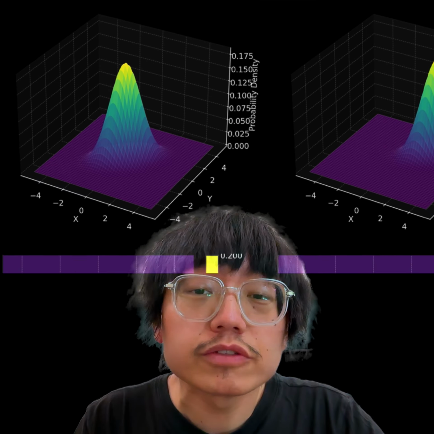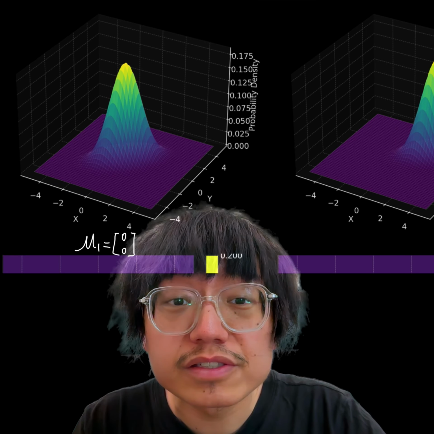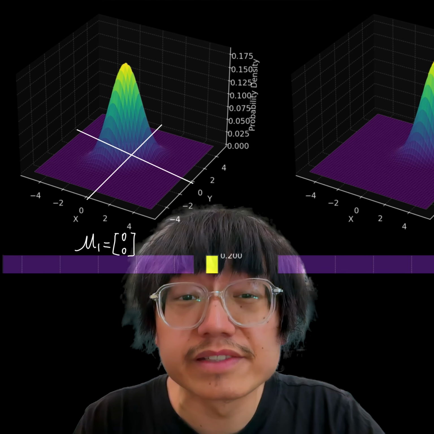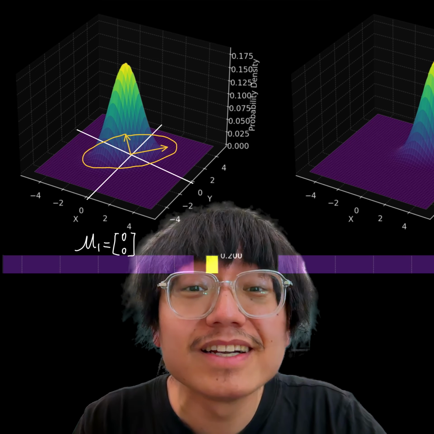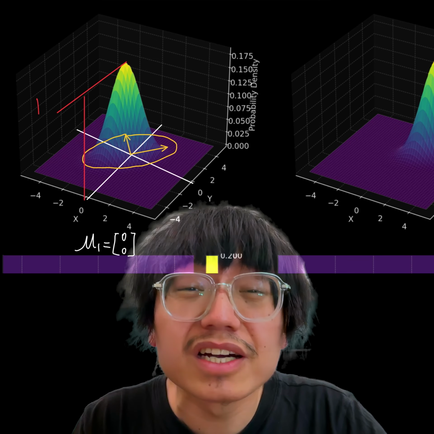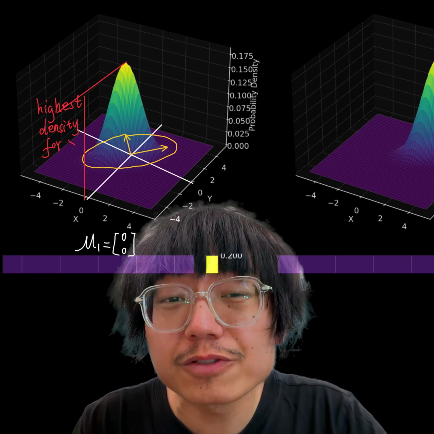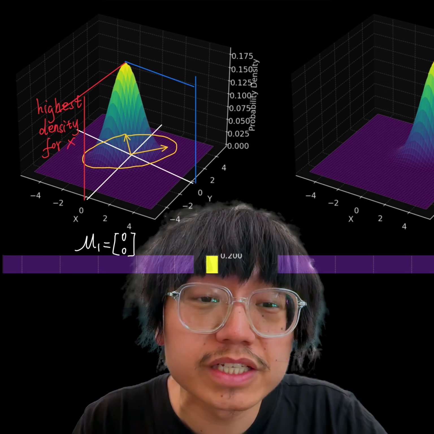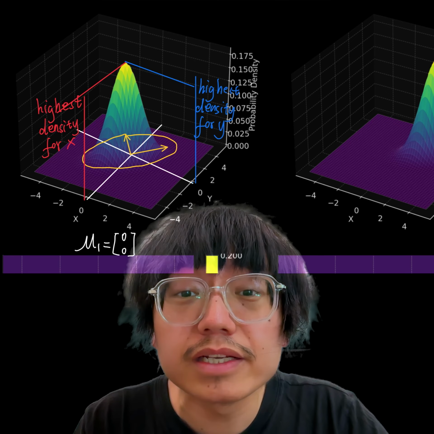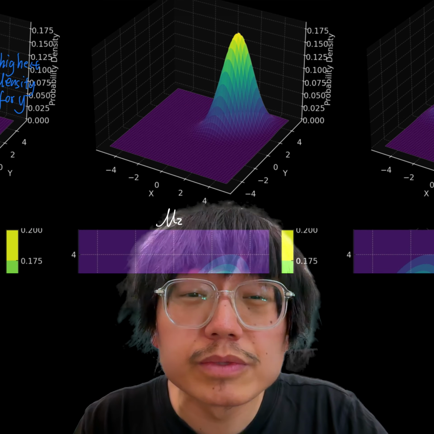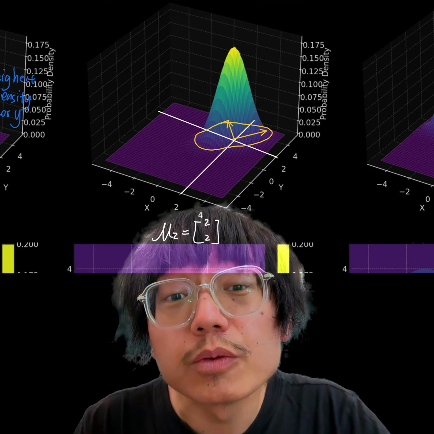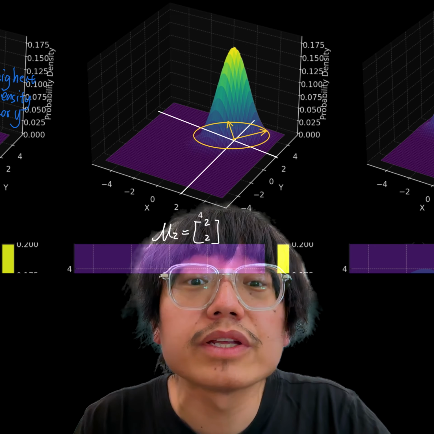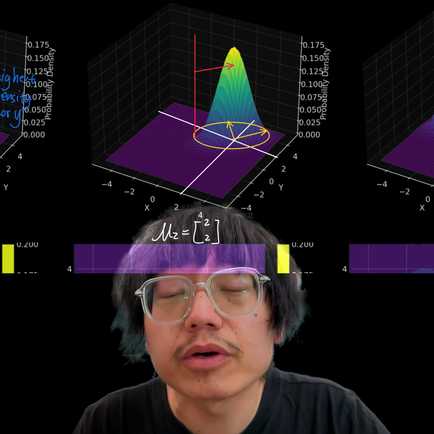This is the distribution for three different mean vectors. Mu1 equals the vector (0, 0), and the peak is at the origin, which indicates that the highest density is centered around 0 for both variables, with no shift in the means. Mu2 equals the vector (2, 2), which means both variables are positively shifted, and the peak is shifted to the point (2, 2), indicating that the expected value for both variables is 2.